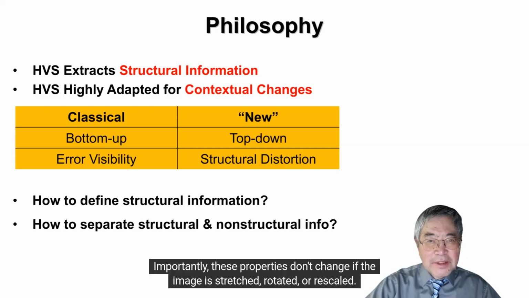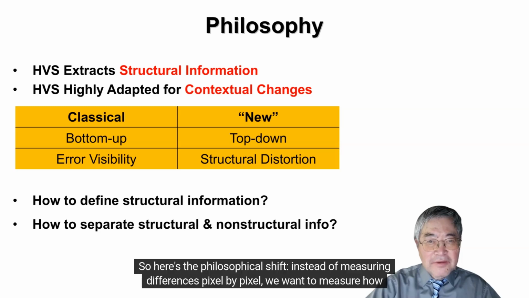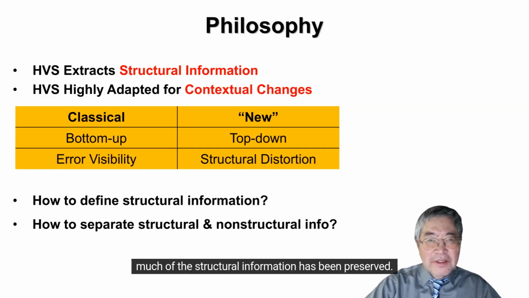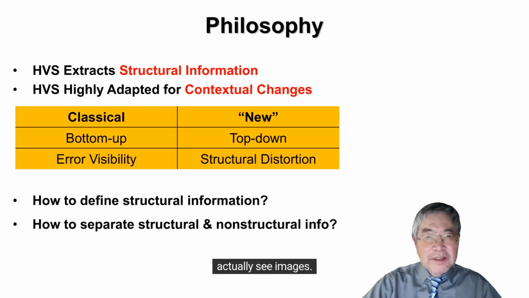Importantly, these properties don't change if the image is stretched, rotated, or rescaled. So here's the philosophical shift. Instead of measuring differences pixel by pixel, we want to measure how much of the structural information has been preserved. That is what structural similarity is all about, and it's why it is far more aligned with how humans actually see images.